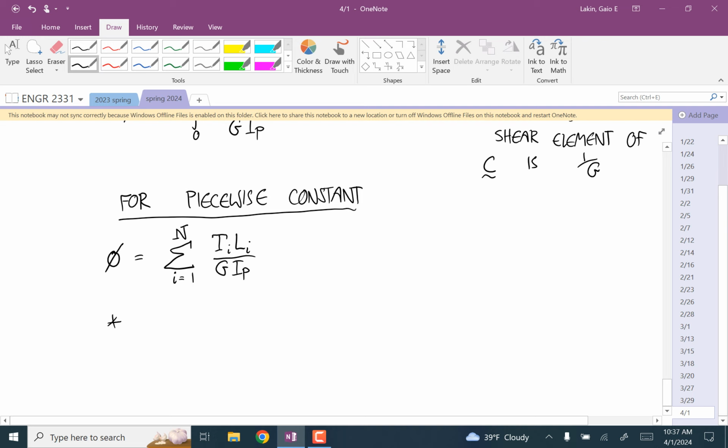Notice the similarity to the elongation formula. This will help you remember it.